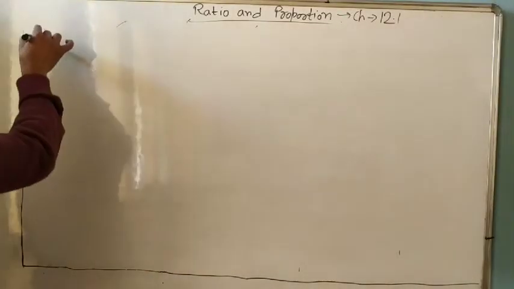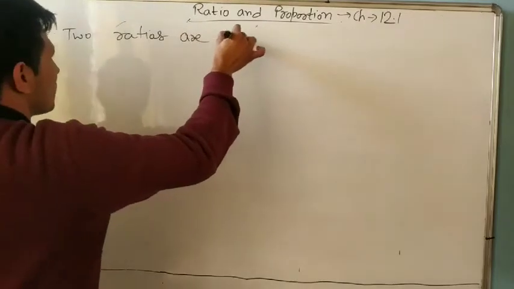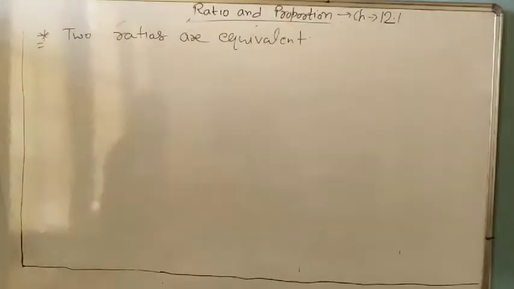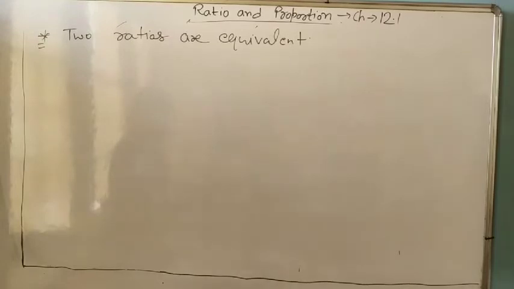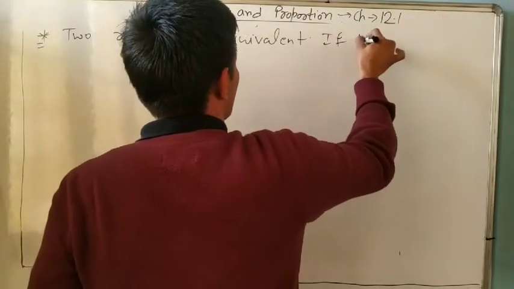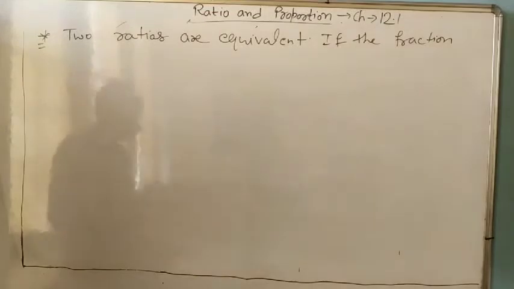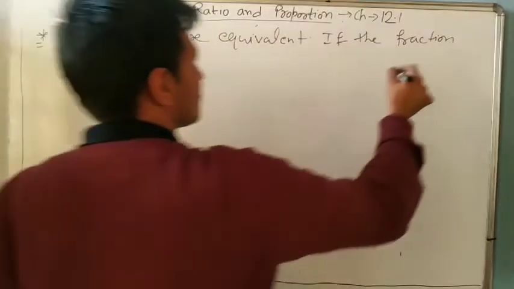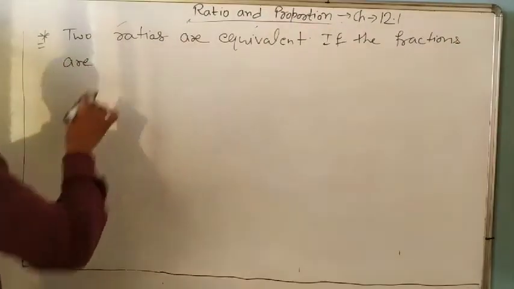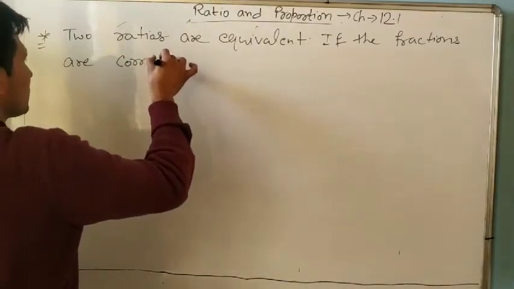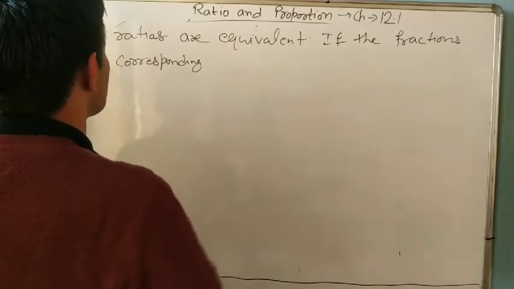What is it? To write, I will note it down. Two ratios are equivalent. Equivalent means equal.